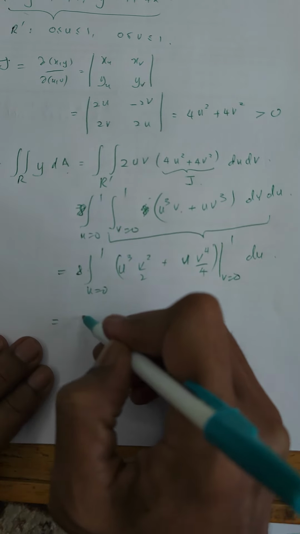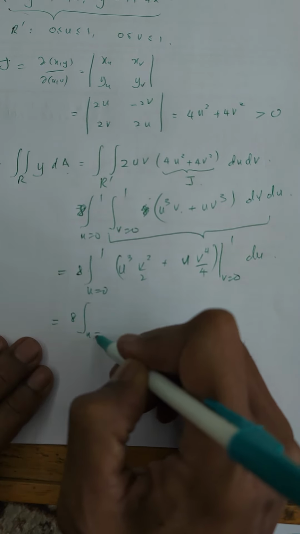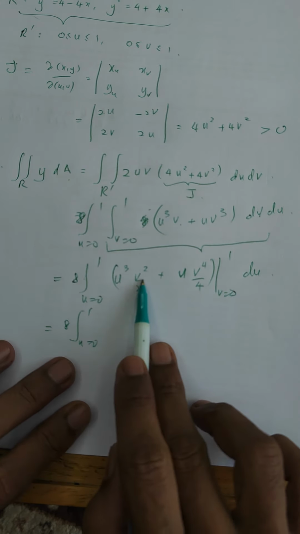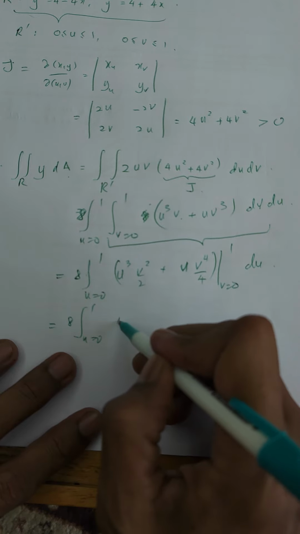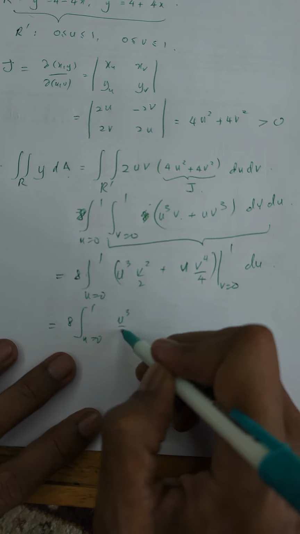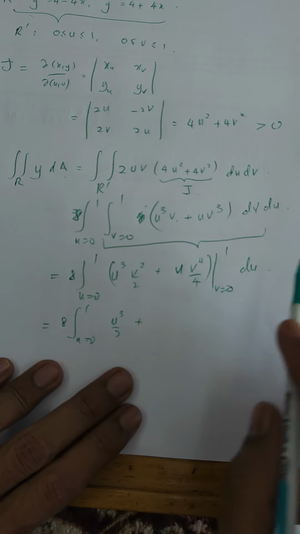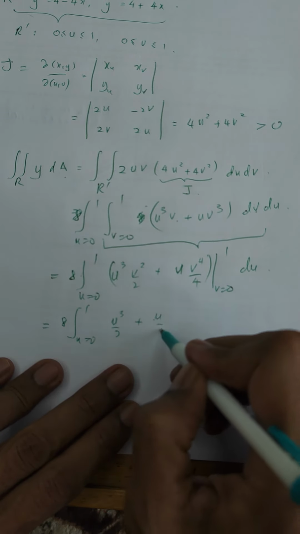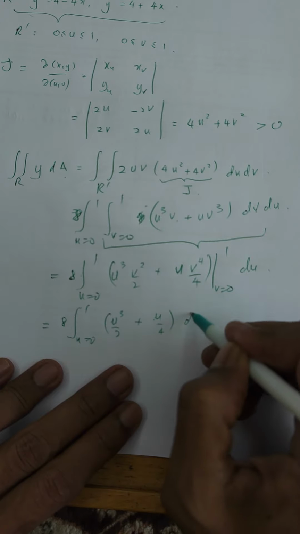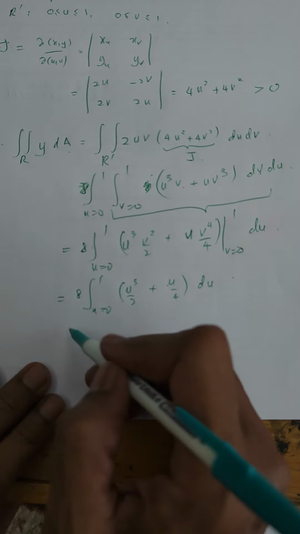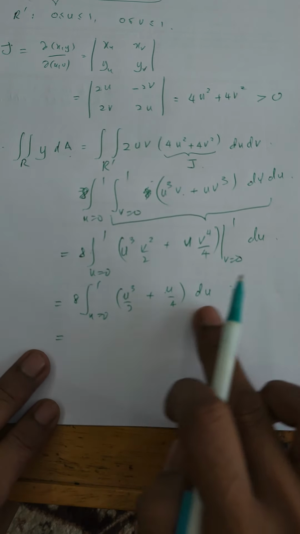So we have 8 integral from 0 to 1; with v equal to 1, u cubed over 2 plus u over 4, du, and v equal to 0 cancels out everything. So again, just integrate with respect to u.